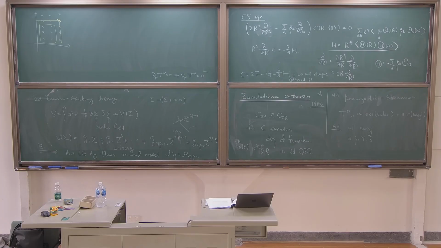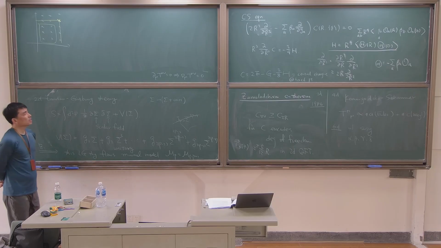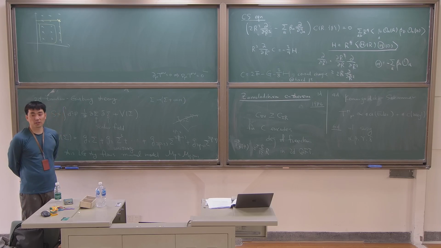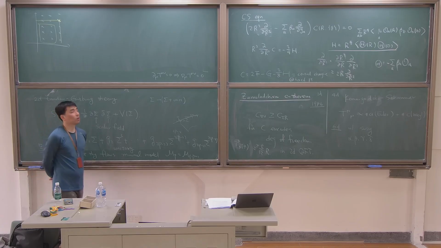I think it's not so difficult to generalize. The two-dimensional version is not so difficult because a two-dimensional manifold is a Riemann surface, and on a Riemann surface everything can be written locally in holomorphic and anti-holomorphic derivatives.